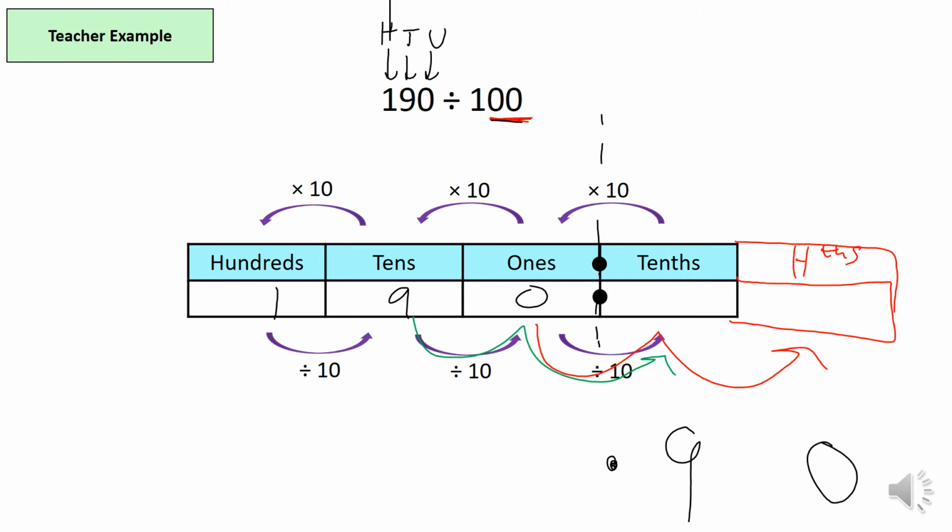And then last but not least, with the hundreds column, it's going to go 1, 2 to the right, and we have a 1 there. So our answer is 1.90, which is also 1.9.